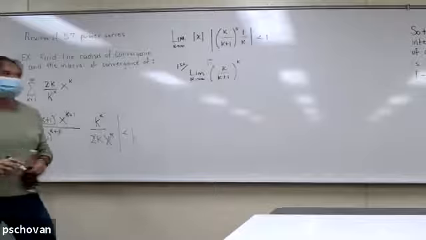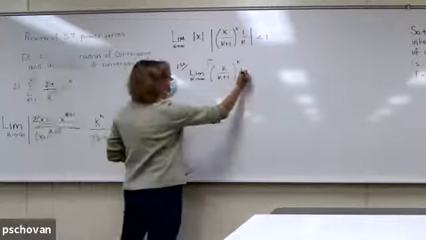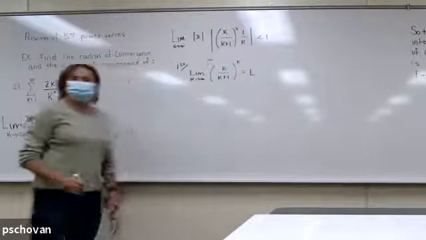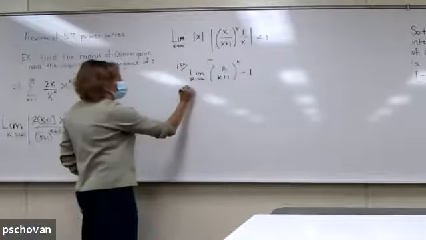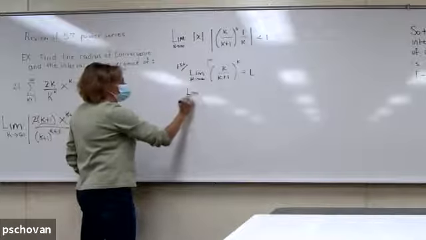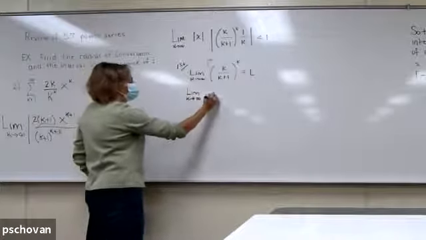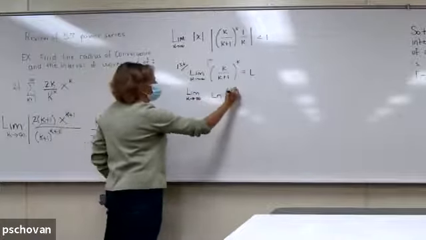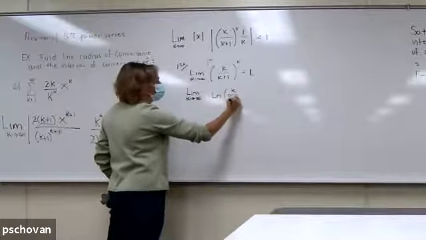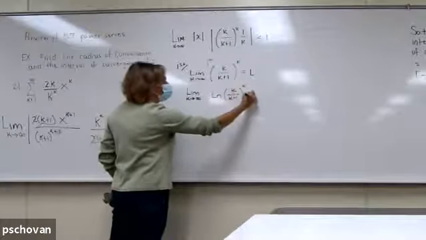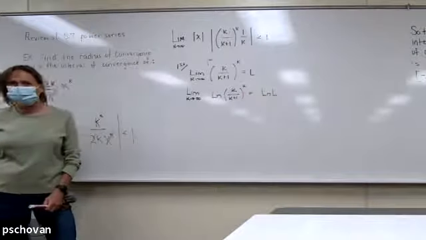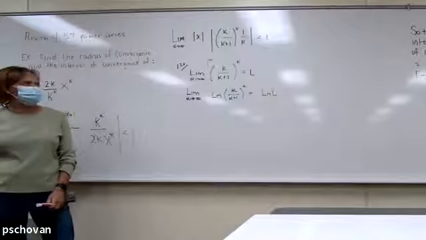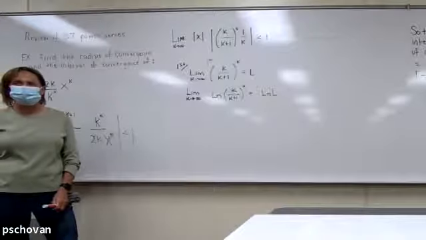So we use logarithm. Put my limit out there as some unknown number L, and then we're going to take the natural log of both sides. And we did that so that we put the k down there in front.